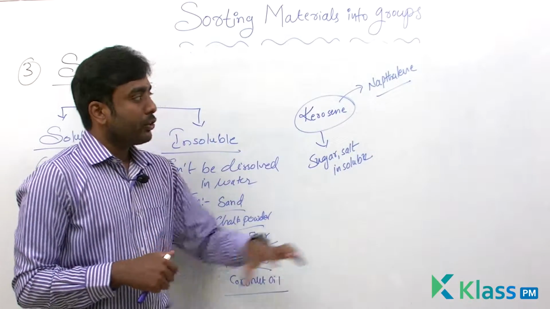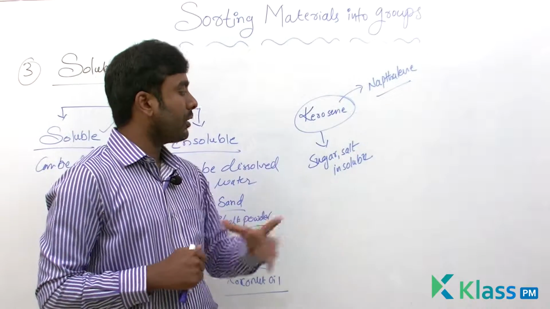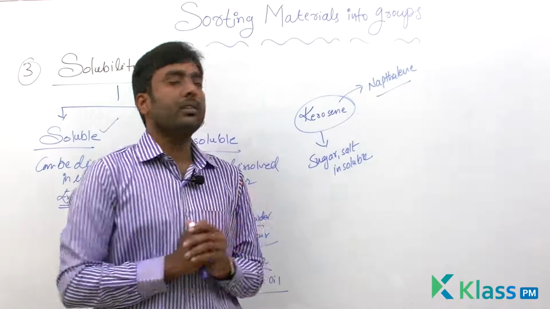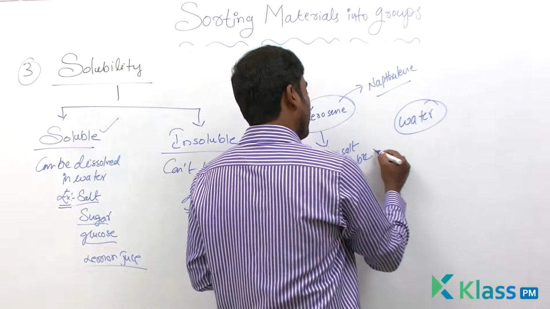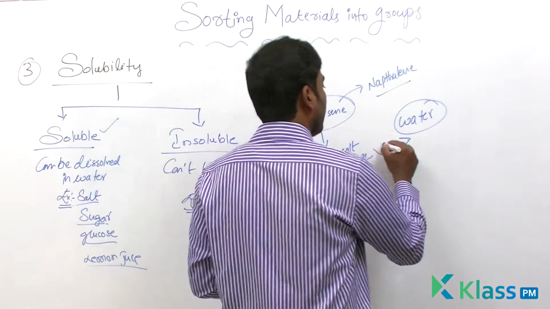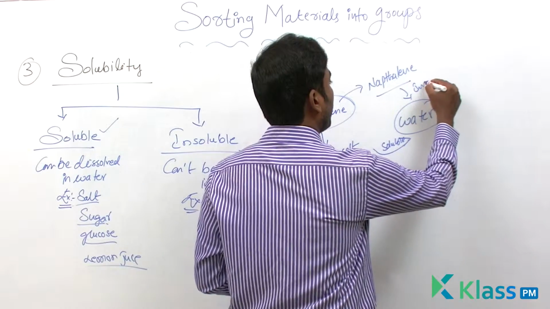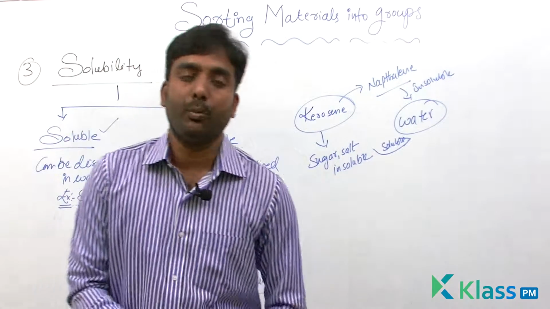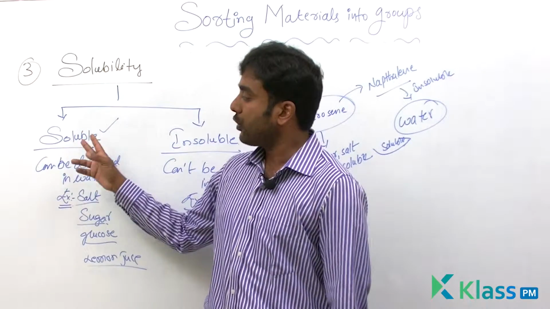These naphthalene balls are soluble in kerosene, but sugar and salt are insoluble in kerosene. But in water, sugar and salt are soluble, and naphthalene is insoluble.